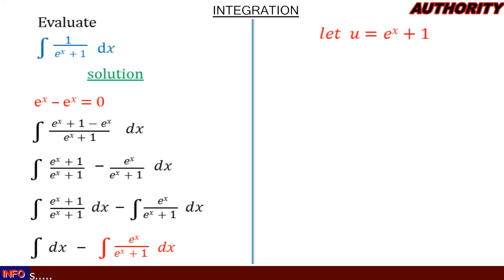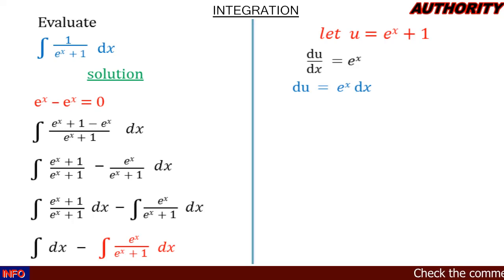That means we are going to have du dx is equal to e to the power of x. All right? Now let's cross multiply. In doing so, we see that du is equal to e to the power of x dx.